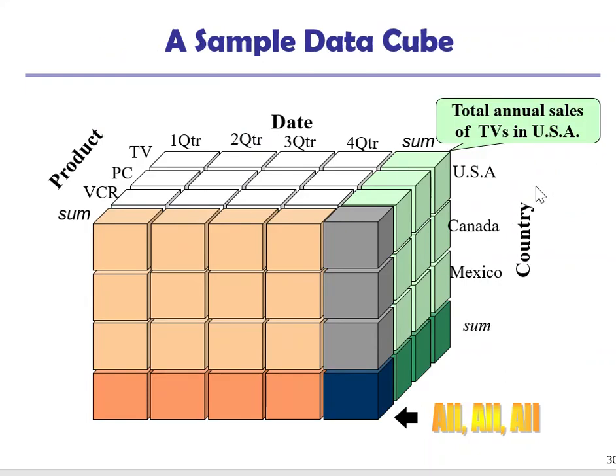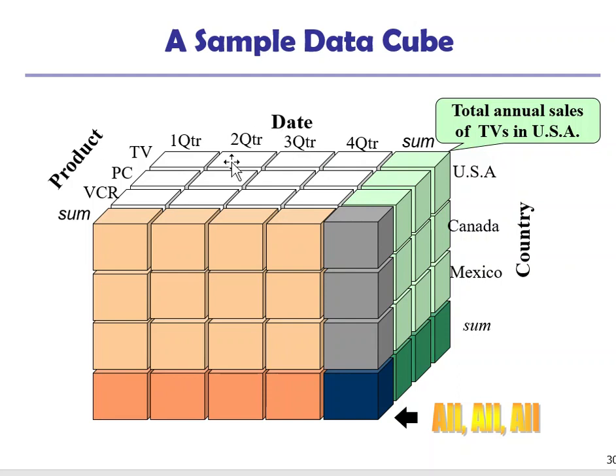If we drop the country dimension or aggregate on the country dimension, that's the same thing. Dropping the country dimension and aggregating on the country dimension means the same thing. Regardless of the country, we'll only look at the date and the product dimension.